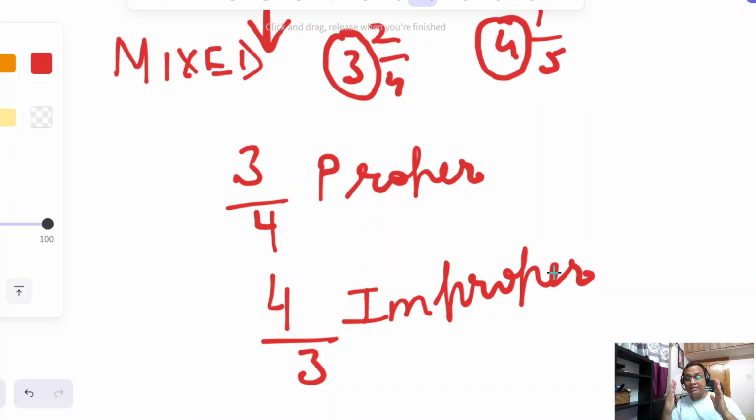As I told you, we are going to learn fractions right from grade 3 till grade 8 of the CBSE and ICSE syllabus. So we'll start with the grade 3 level and keep gradually building up, because fraction is a very important and a very wide chapter altogether. So how can we convert 4 upon 3 to a mixed fraction? Let's learn.